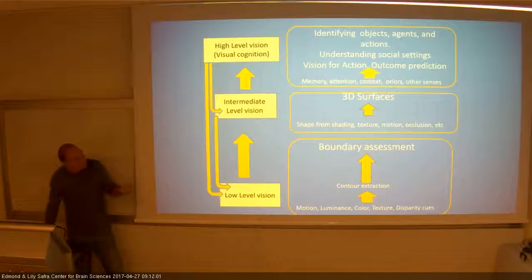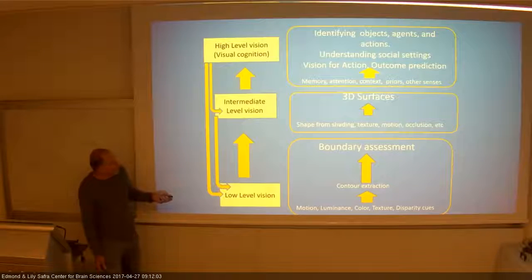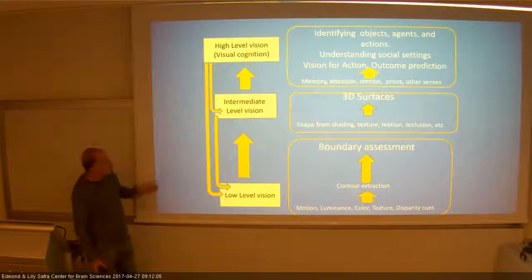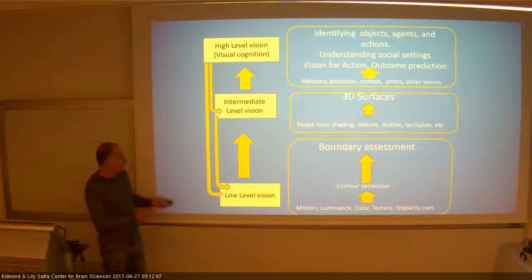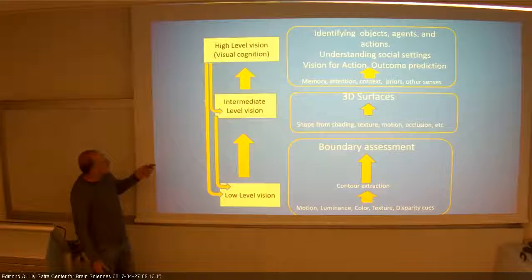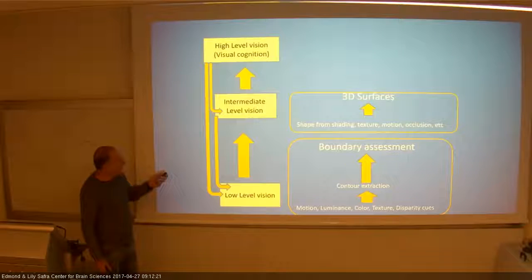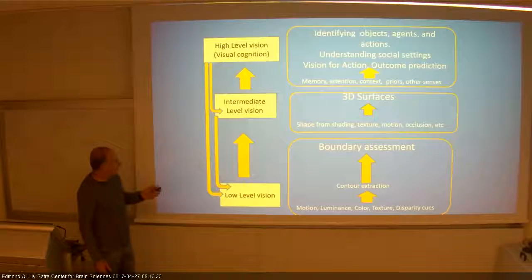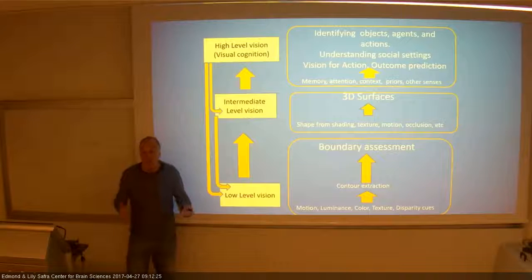So one can think of vision as a cascade going from very early vision, where you basically get just contours and boundaries, to understanding what the scene is. And of course, there's a lot of feedback going from higher level areas that can affect processing also in the intermediate and low level vision, such as visual attention.